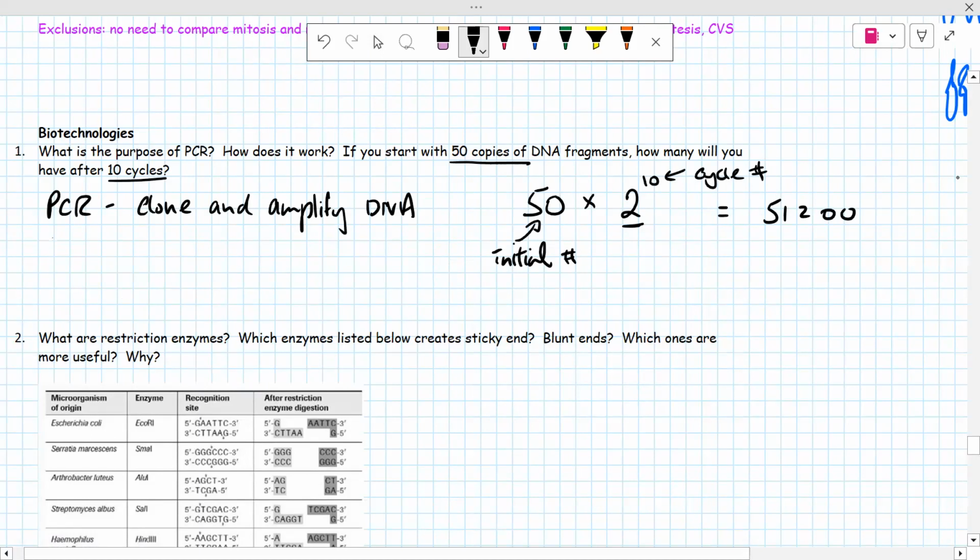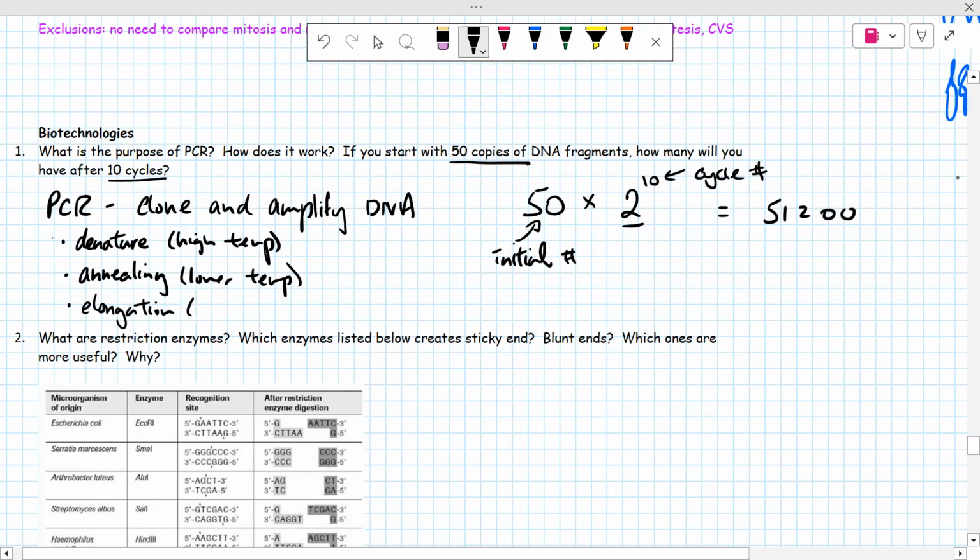Okay, how does it work? Remember, there is denaturation. You denature it at high temperature and separate the DNA strand. Then you have annealing, at a slightly lower temperature. And then you have elongation, which is a little higher temperature again, but not as high as the denaturation temperature.